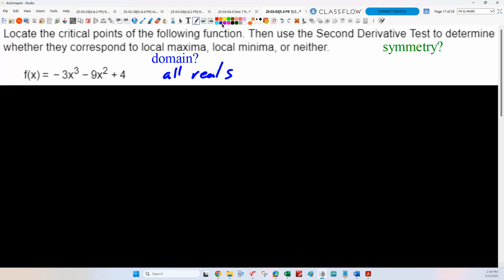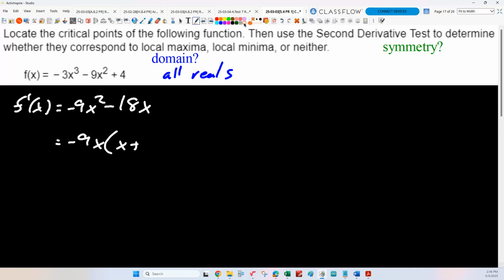We need some derivatives, don't we? Right? What's our first derivative? Minus. Okay. Let's go ahead and factor that while we're at it. Negative 9x times x plus 2.